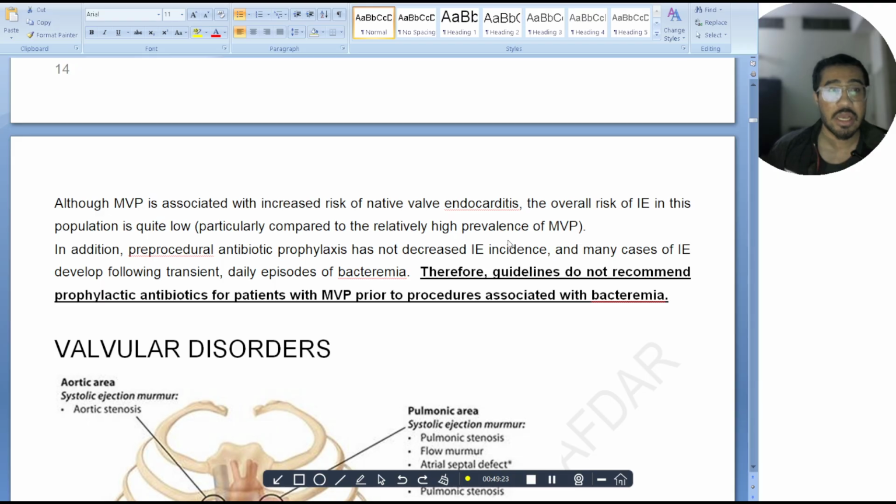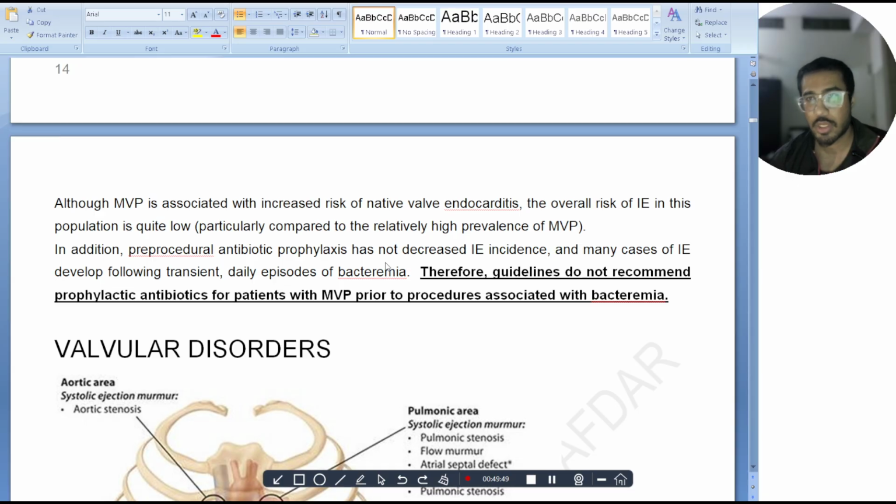In addition, pre-procedural antibiotic prophylaxis has not decreased IE incidence, and many cases of infective endocarditis develop following transient daily episodes of bacteremia. That is what they want to point out: if you're destined to have infective endocarditis, you will have it, and you don't need a procedure that causes transient bacteremia. The daily transient bacteremia is going to be enough.